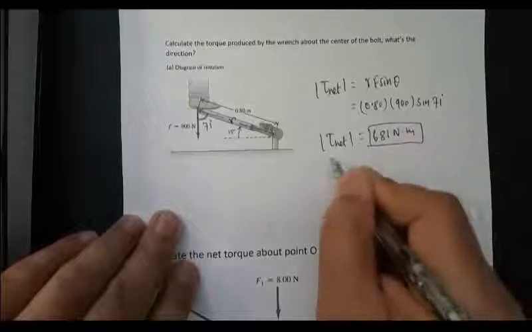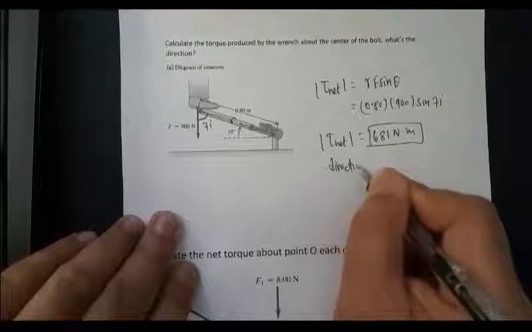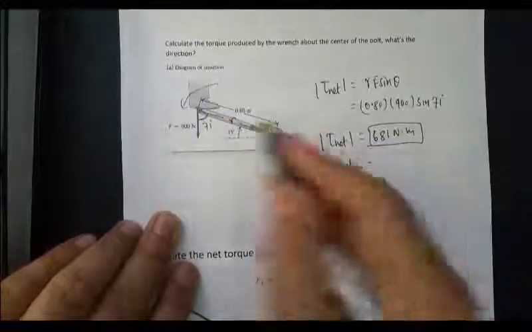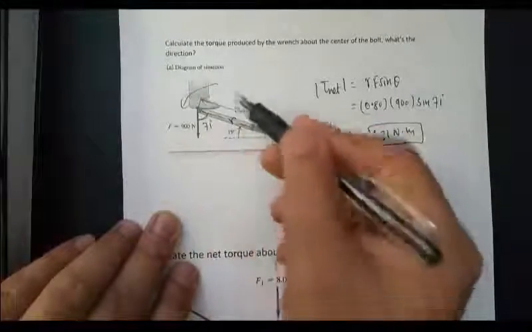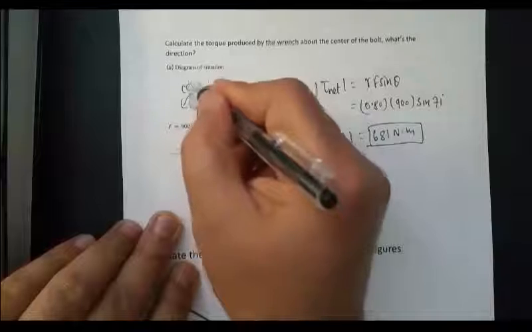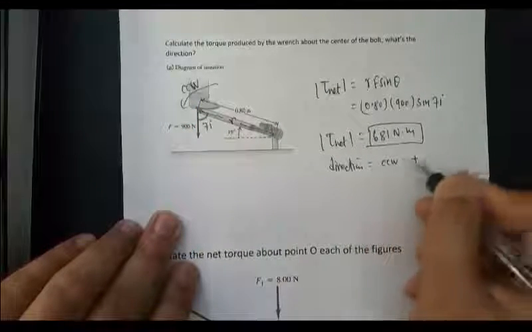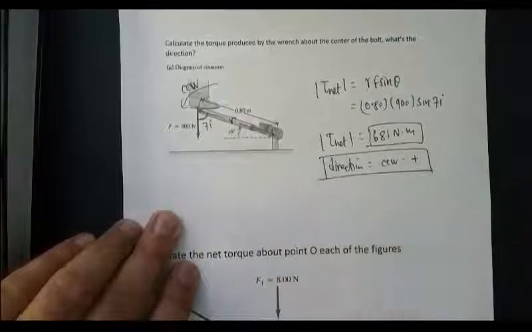Okay, and its direction, let's see, just use common sense. It's trying to produce a rotation like this, right? This is counterclockwise, and remember counterclockwise is positive, so it's positive torque.